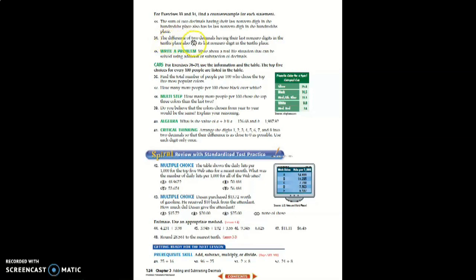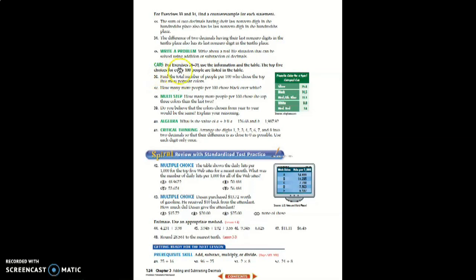The difference of two decimals having their last nonzero digit in the tenths place also has its last nonzero digit in the tenths place. 35. Write a problem: write about a real-life situation that can be solved using addition or subtraction of decimals.